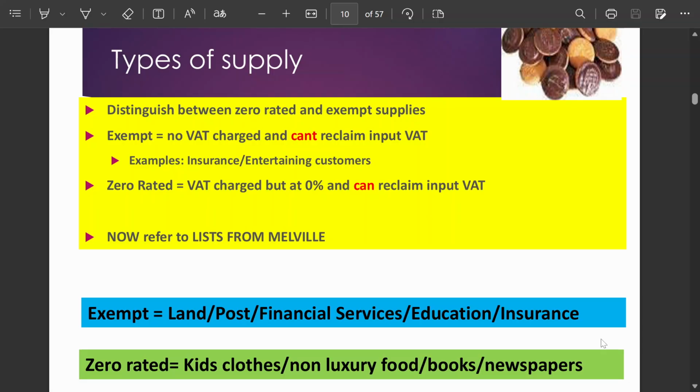You need to know that books and newspapers are zero rated. So on books and newspapers, you don't charge standard rated VAT, you charge zero rated VAT, zero VAT. So you need to remember some of these examples. You're also being tested on your knowledge of some of the common examples of zero rated supplies, reduced rate supplies and exempt supplies, etc.